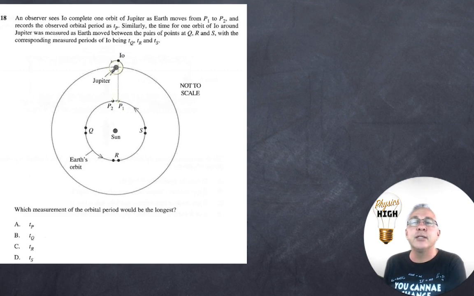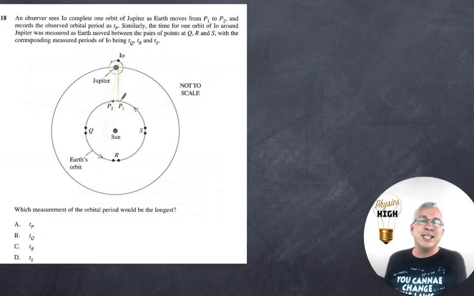At P2, it goes around and finishes its position. Now, the way you see it is because light has to travel to and from. So the distance that the light has to travel is this distance over here, and the distance it has to travel when it completely finishes is this distance over here, which in this case is exactly the same. So the period in this case has a particular value.